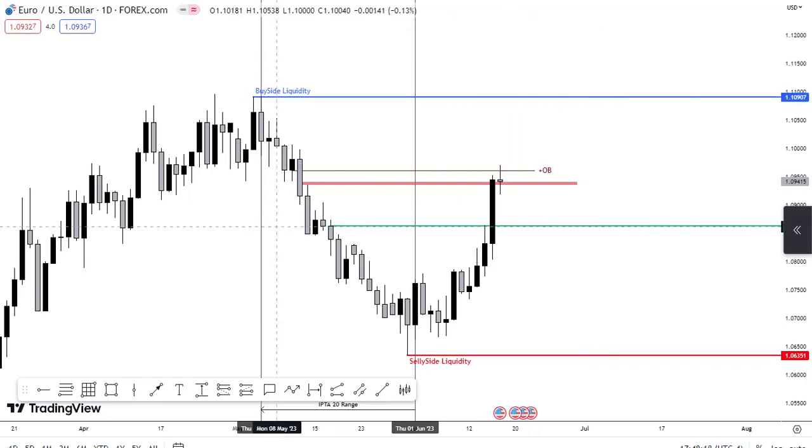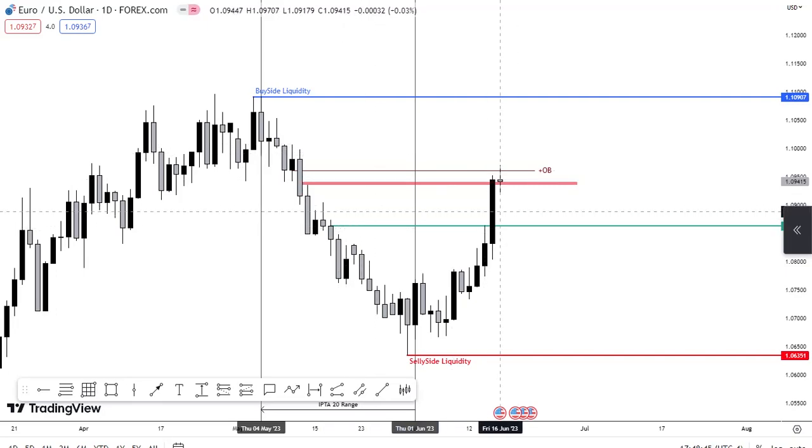Anything above the green line, which is the equilibrium, is premium. Anything below is discount, right? So within the premium area, we look for shorts. Within the discount, we look for buys. And so we identify these key zones right here as high probability areas in which price could reverse, if that makes any sense.